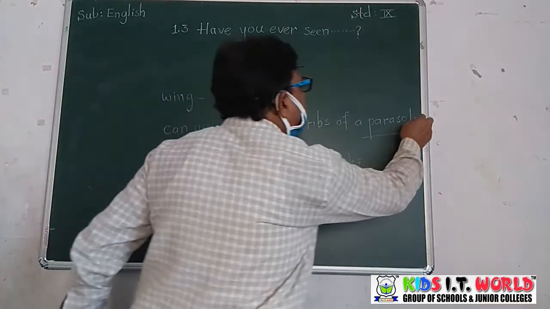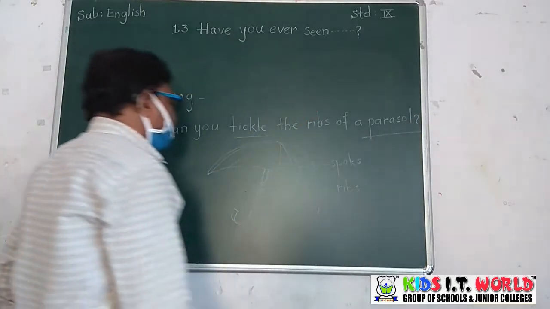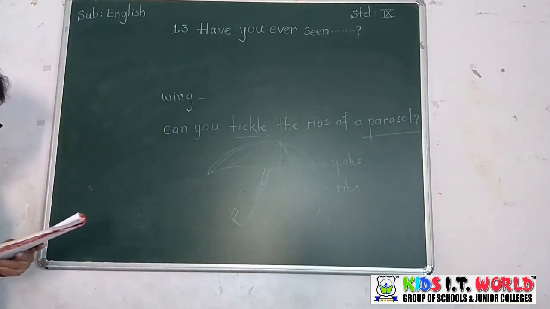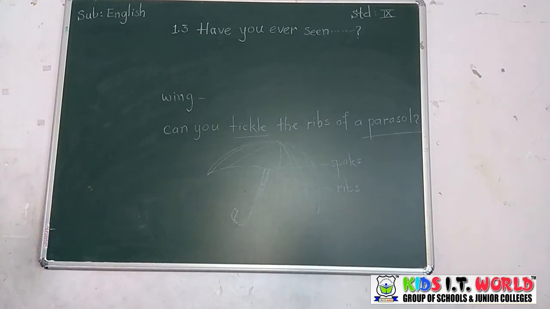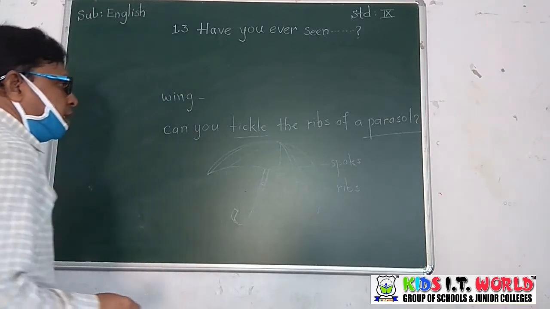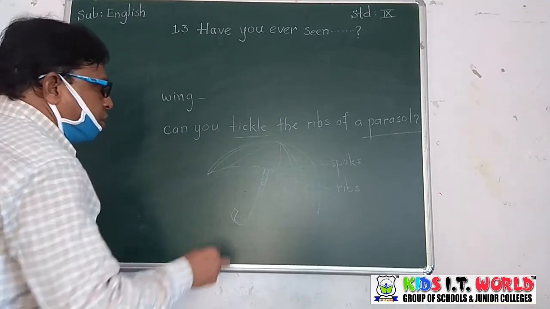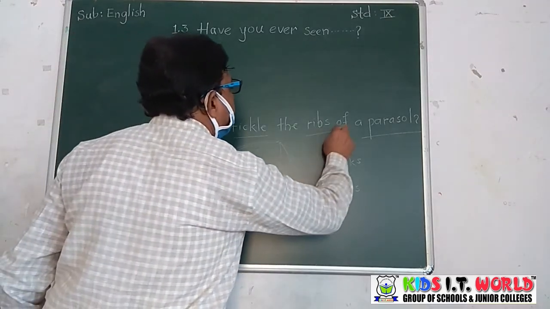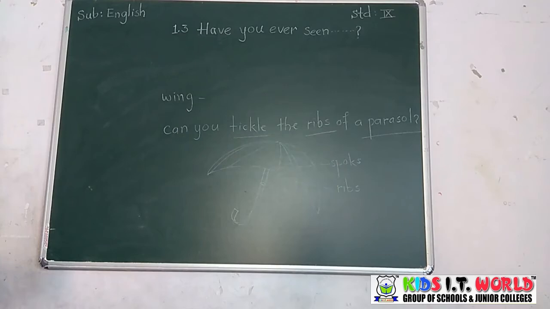Question mark is there. Of course you can't, because it's a non-living thing, and even if you tickle, it will not respond. But it is an example of pun. Why? Because tickle the ribs gives two meanings here.